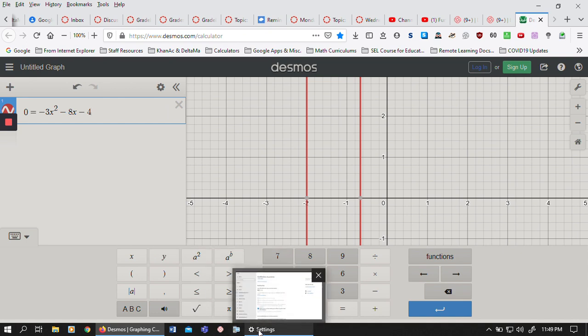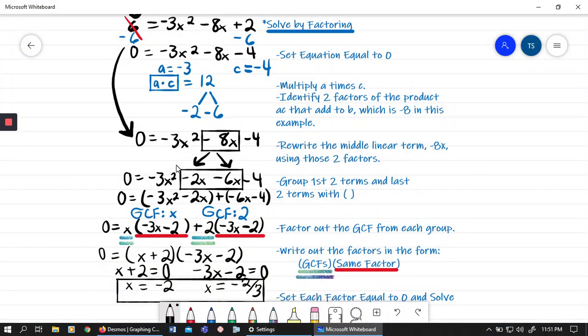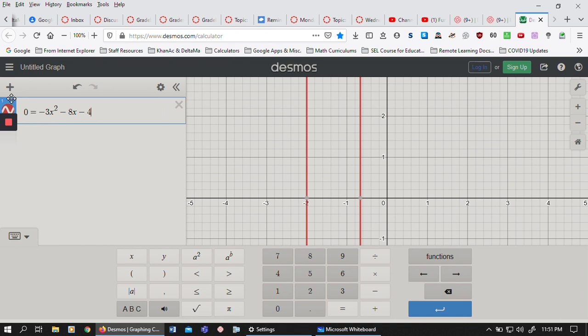Okay, so that is that equation there. Let's just make sure that that is the right equation. Negative 3, negative 8, negative 4. Yes. So that is the right equation, and it's the one where it's equal to 0.